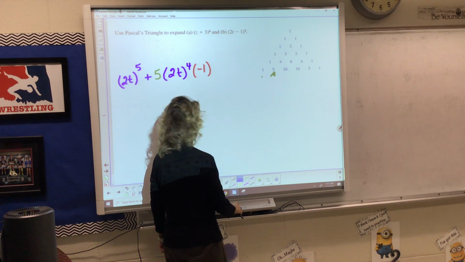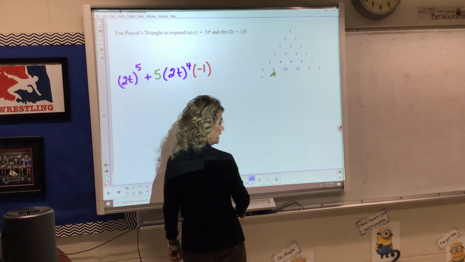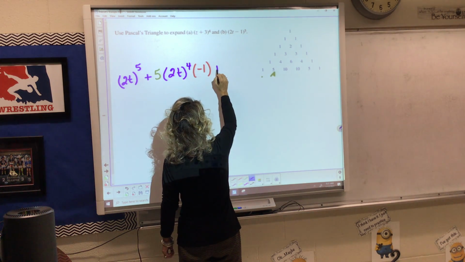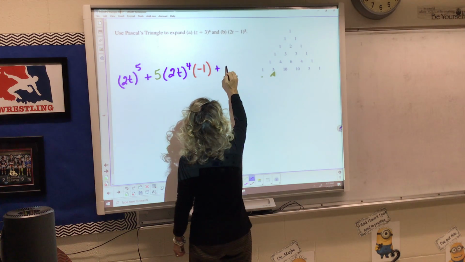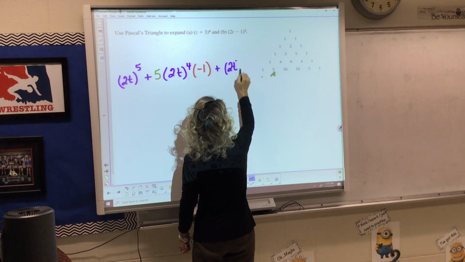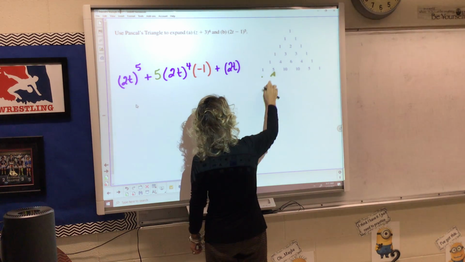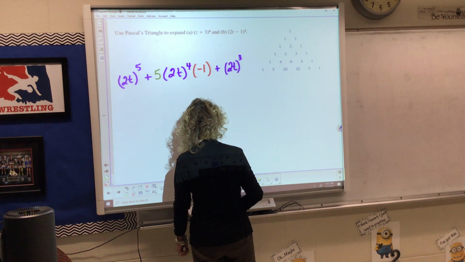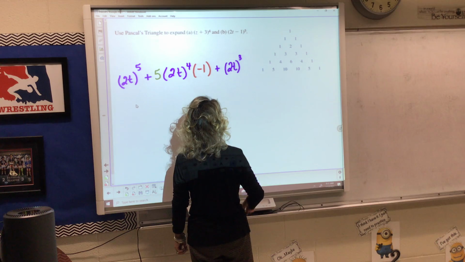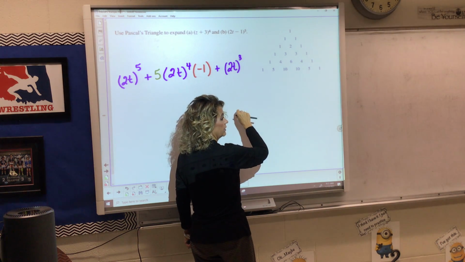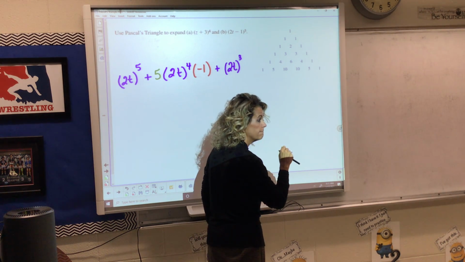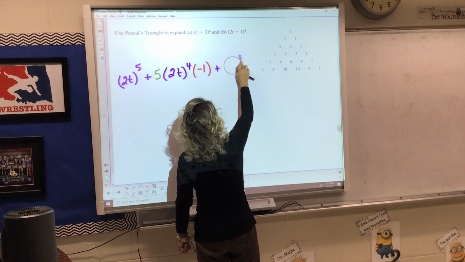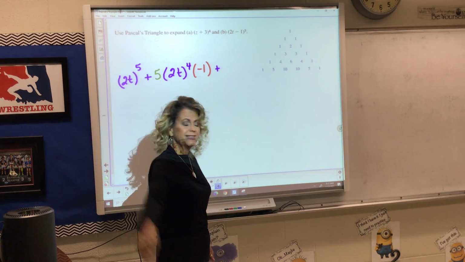I'm color coding. Everybody with me? Yes? Okay, plus, I've got 2t, what's the exponent on that 2t? Cubed, yes? Oh, what did we forget though? The 10.